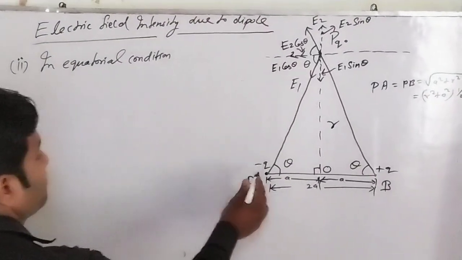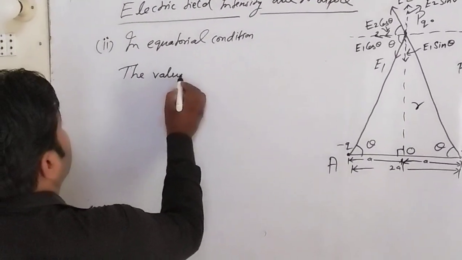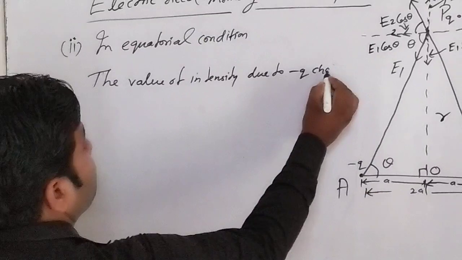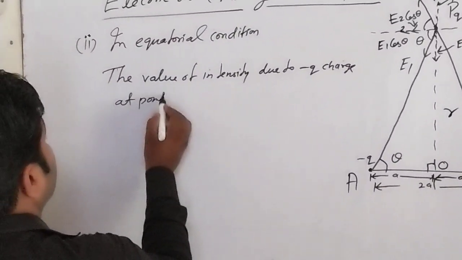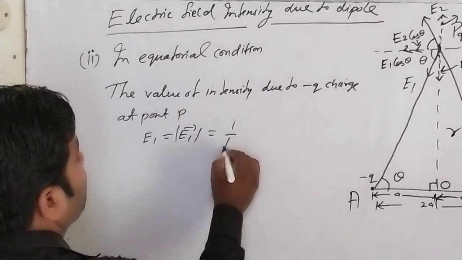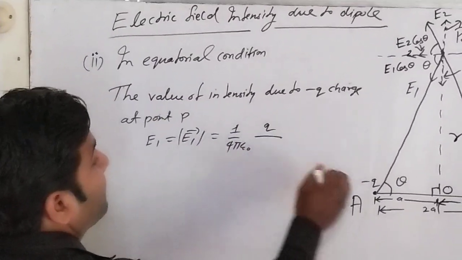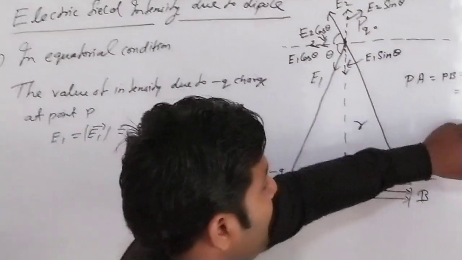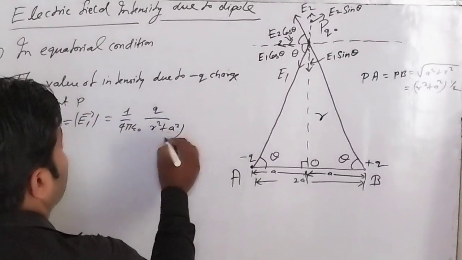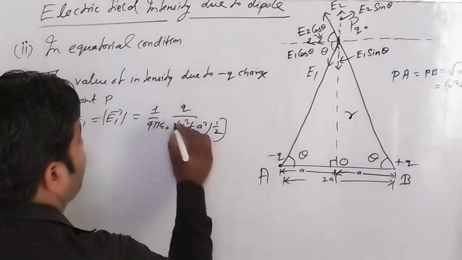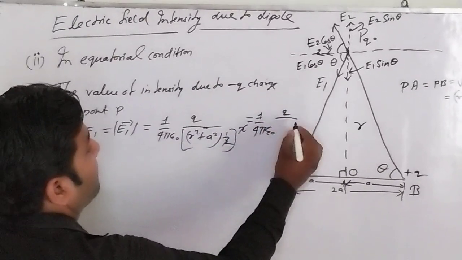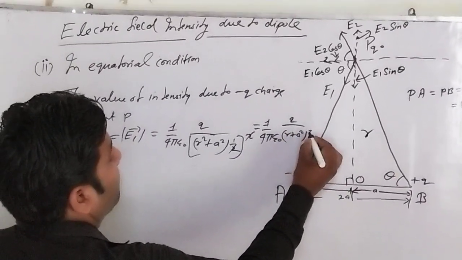Now calculating the intensity due to the minus q charge at point P: the magnitude of E1 is 1 upon 4 pi epsilon naught, q upon r square plus a square whole to the power 1 by 2, all squared. The power 1 by 2 and the square cancel out, so E1 is 1 upon 4 pi epsilon naught, q upon r square plus a square.